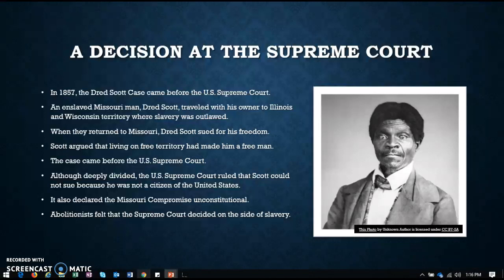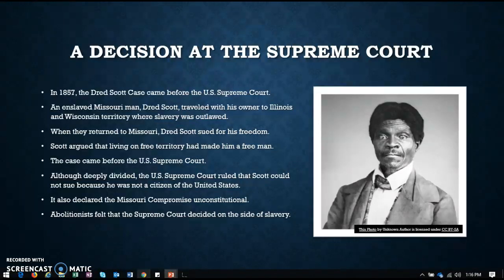So remember what we talked about last lesson with the Missouri Compromise, with Missouri being admitted as a slave state, Maine as a free state, and they established that line where anything below that line could be slave, anything above it could not. Well, what the Supreme Court says is, you can't tell people what they can do with their property rights, even if it's a slave. You can't tell them they can't take that property into another area where they might be deemed free, and now they're not their property anymore.